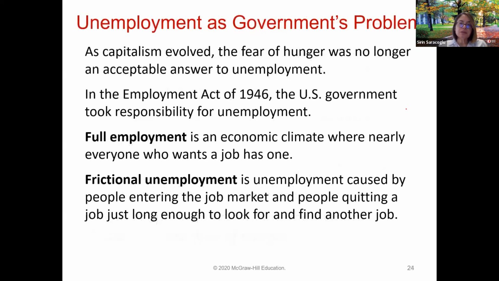There is another unemployment type. So we have cyclical unemployment and structural unemployment as major problems, but also there is what we call frictional unemployment. Frictional unemployment is caused by people or workers entering the job market and people quitting a job just long enough to look for and find another job.